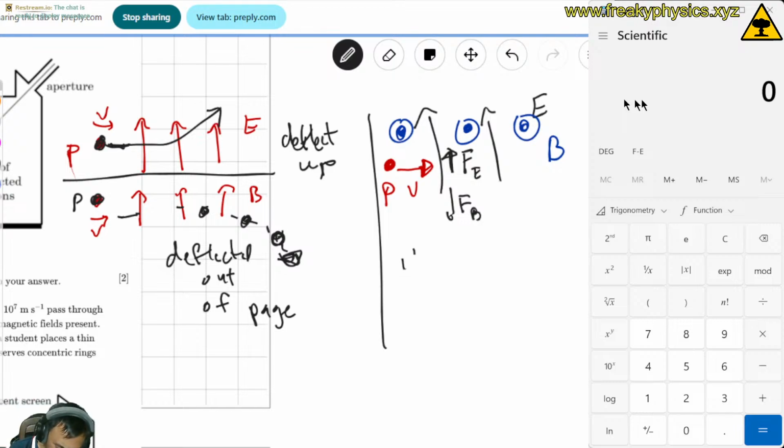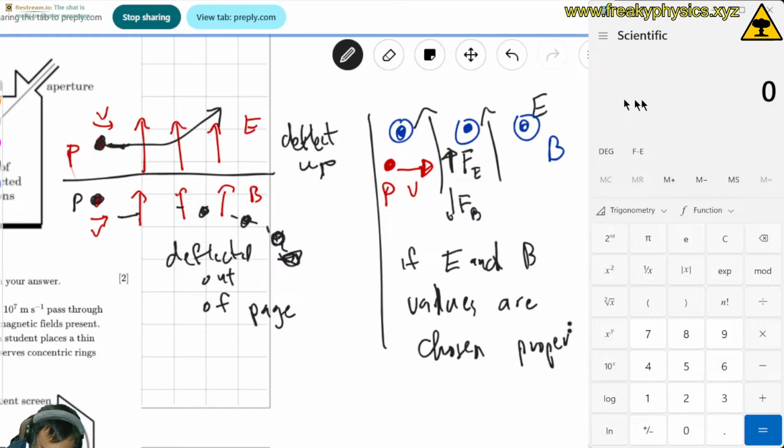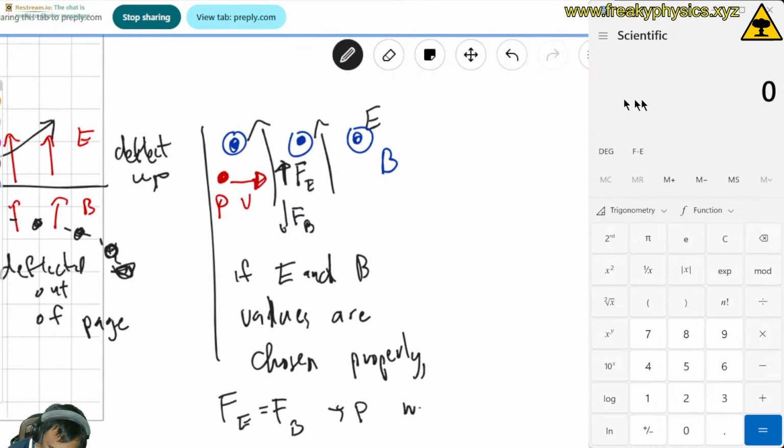If electric and magnetic field values are chosen properly, Fe equals Fb, and therefore the proton moves in a straight line. So that's the key idea in this problem.